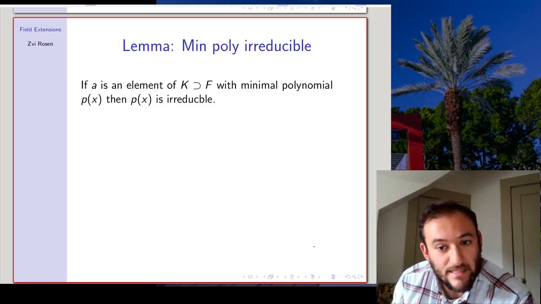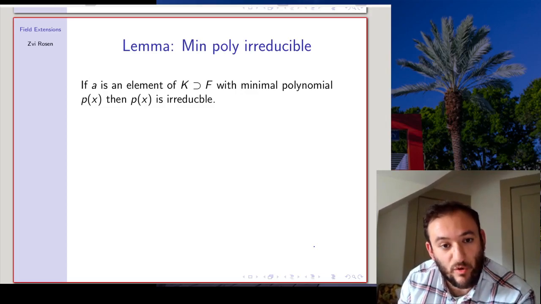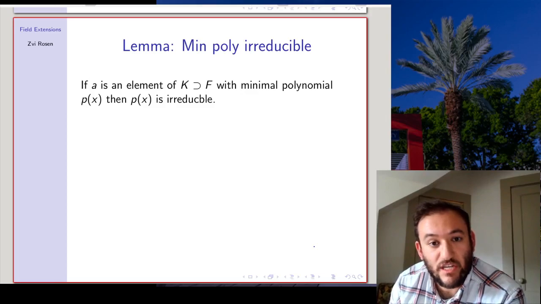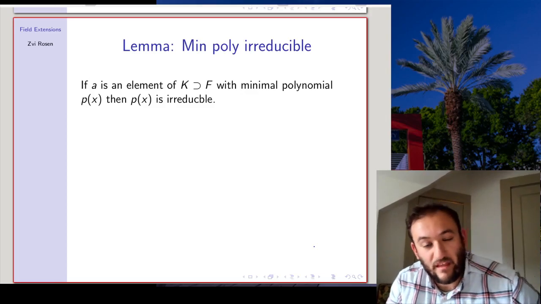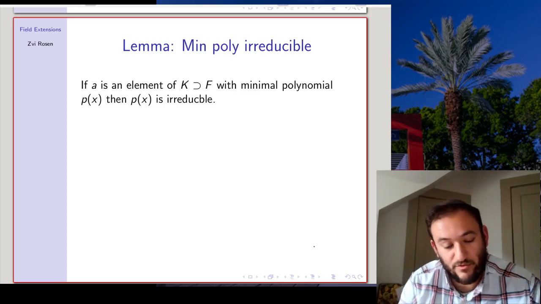So we can state a lemma that the minimal polynomial of an element of a field extension is irreducible. If a is our element, with minimal polynomial P(x), we claim P(x) is irreducible.